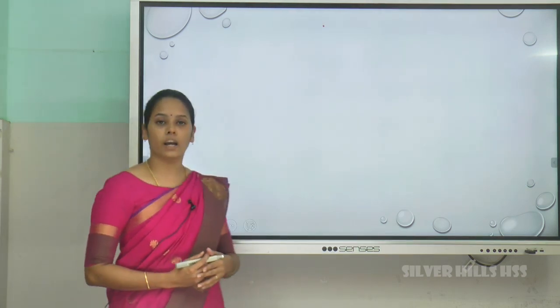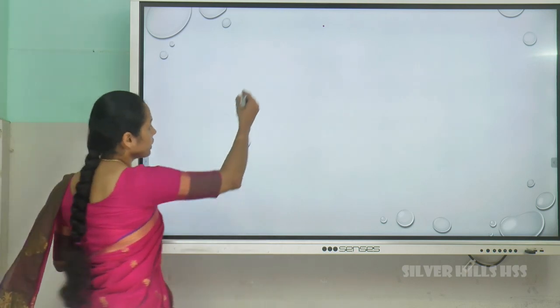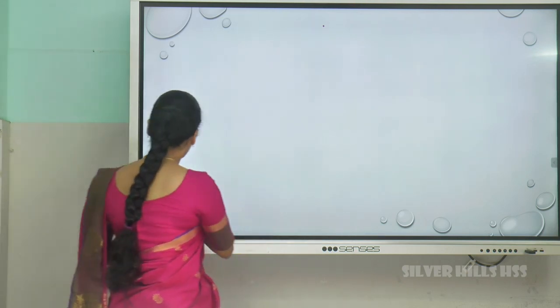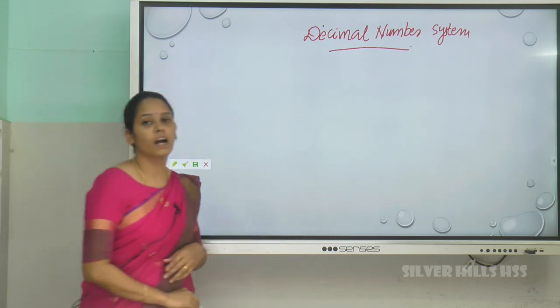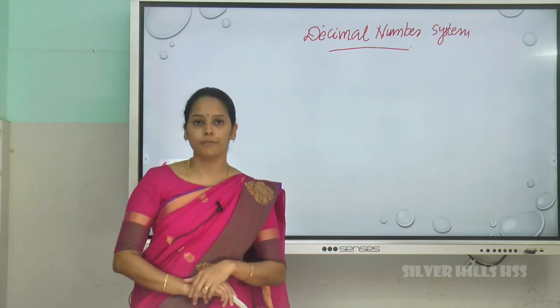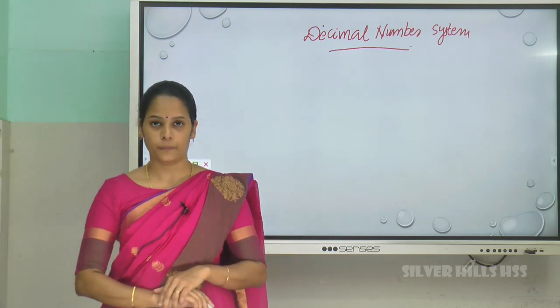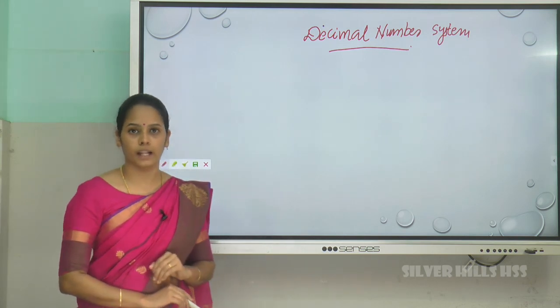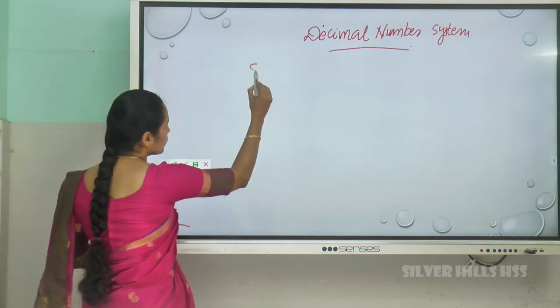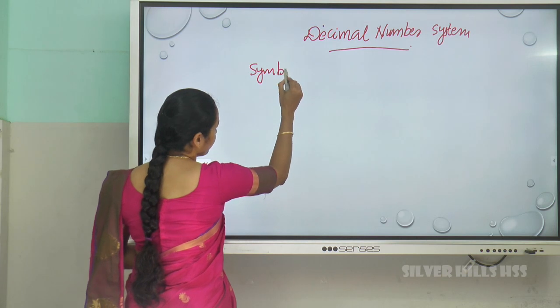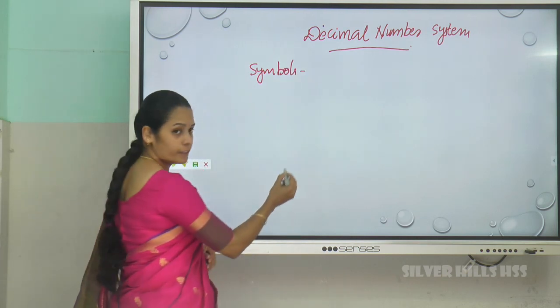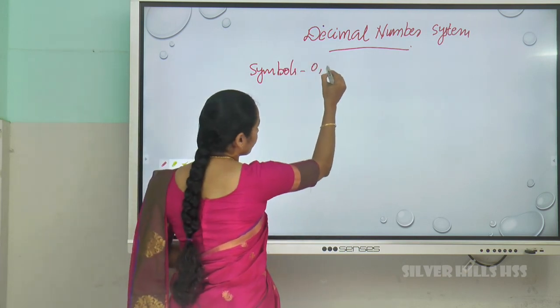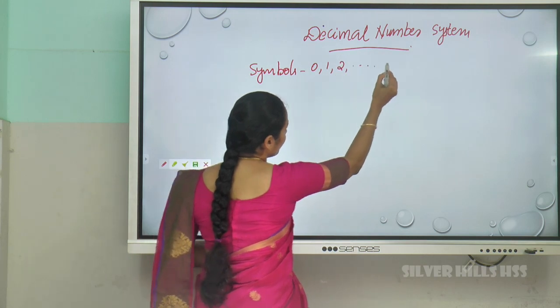First we are going to explain the decimal number system. I told you that in day-to-day life we use the decimal number system. It uses 10 symbols: 0, 1, 2, up to 9.